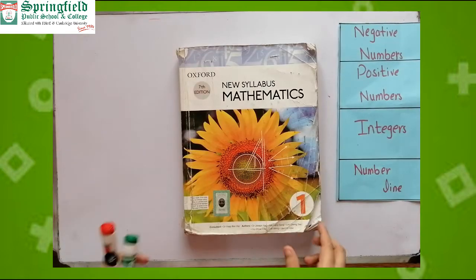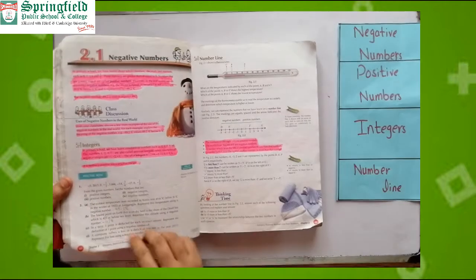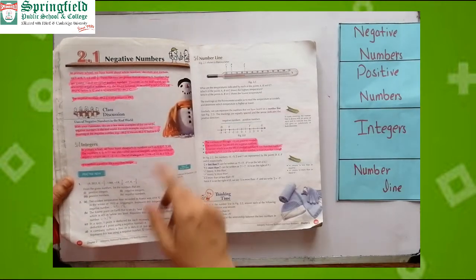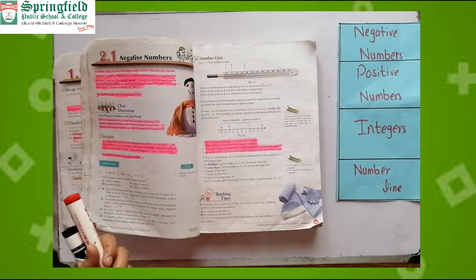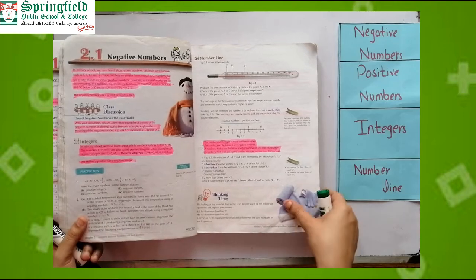Now open your book. This is your book, New Syllabus Mathematics, and now turn to page number 27. Okay, we already discussed the negative numbers, positive numbers and the number line. Now come to the practice questions. Fine.